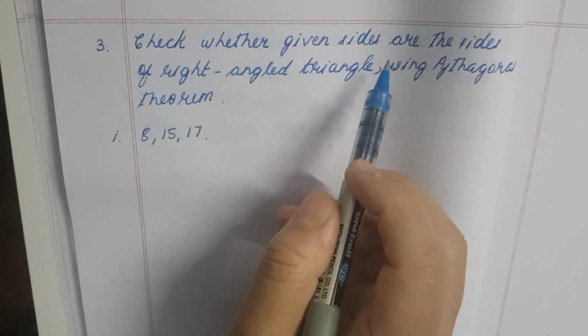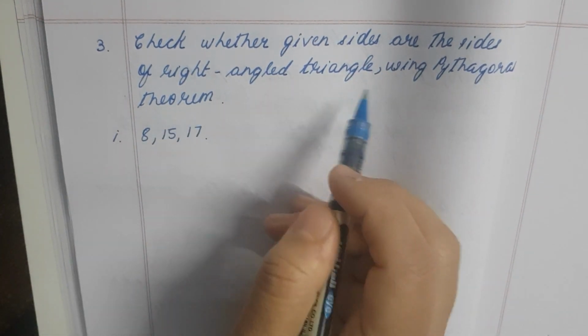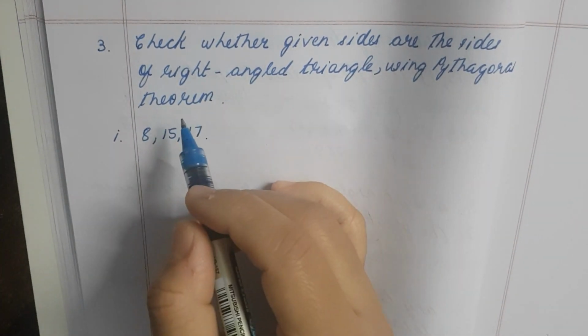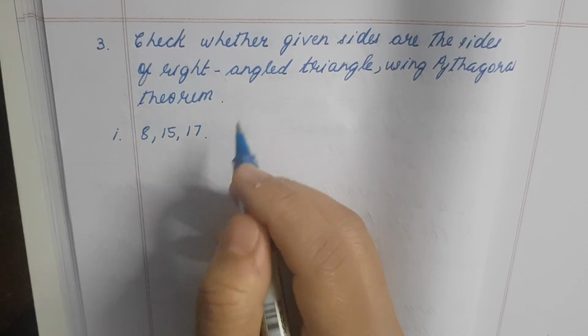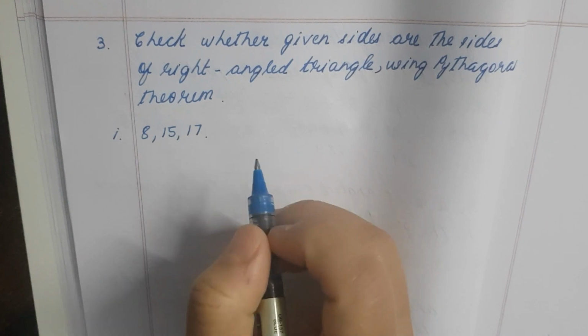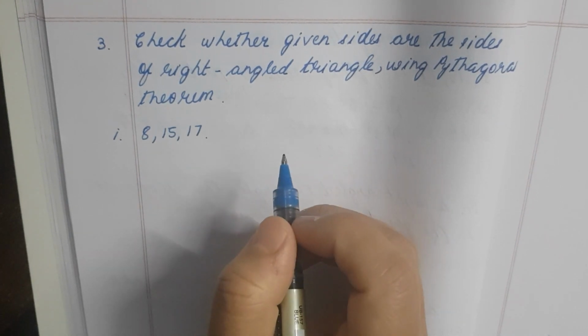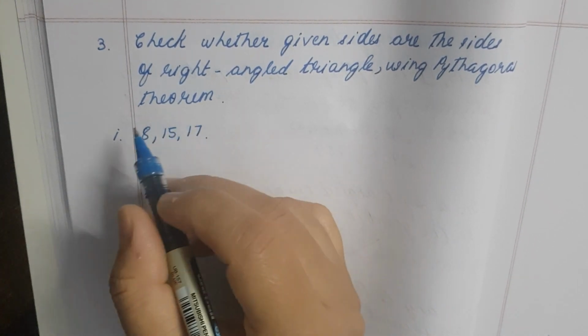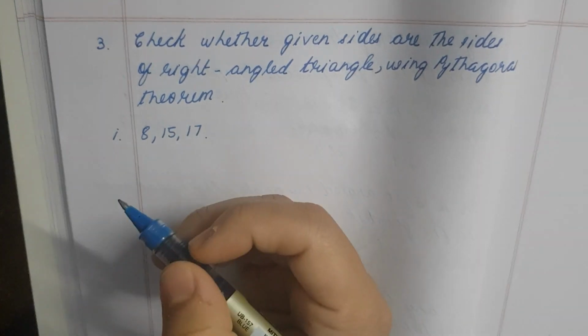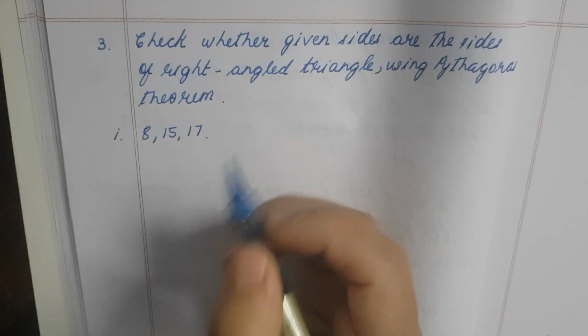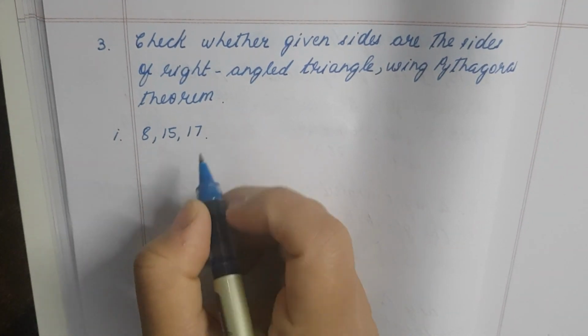Check whether given sides are the sides of a right angle triangle using Pythagoras theorem. So now we use the Pythagoras theorem, that is, hypotenuse square is equal to perpendicular square plus base square, to find out whether it is a right angle triangle or not. Okay, so first let's write the formula.